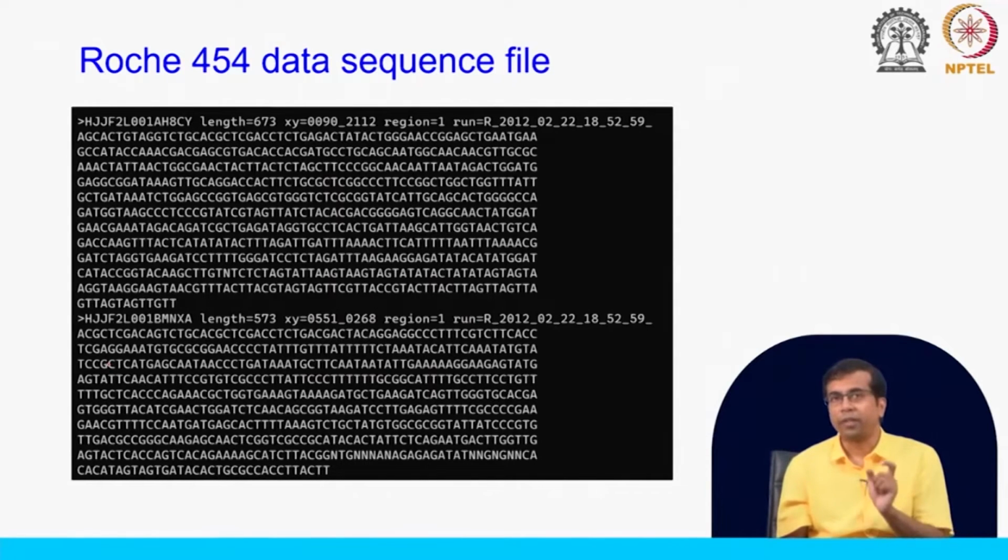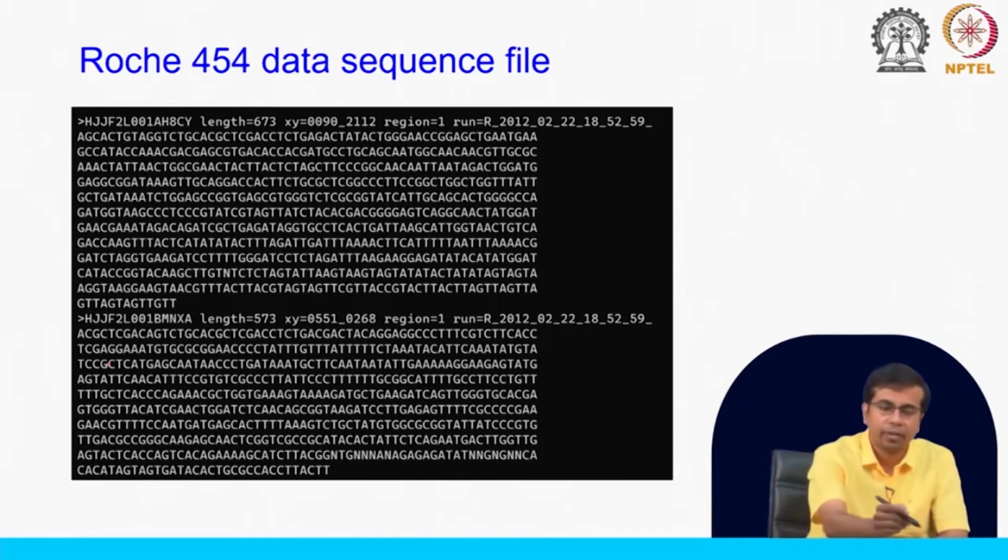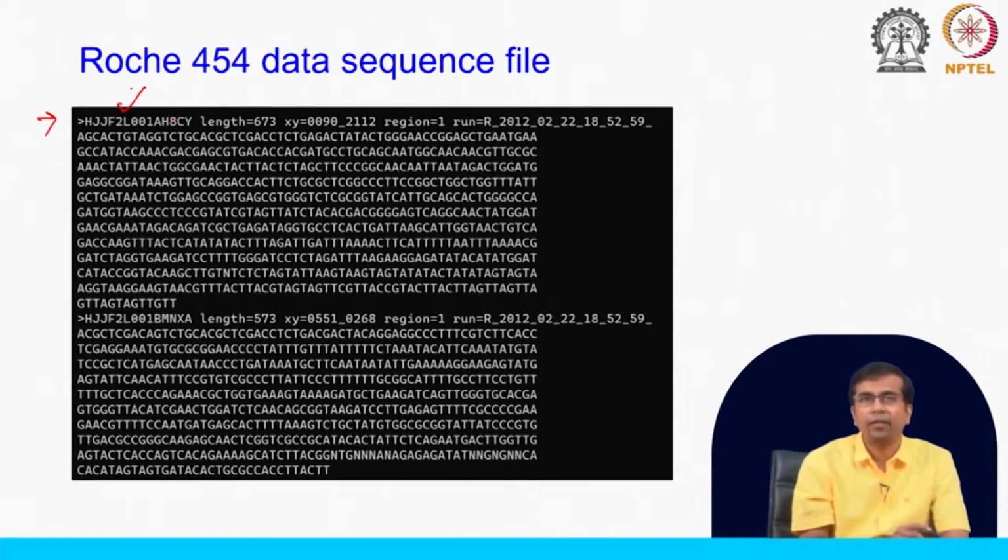Now the sequence file is actually stored in FASTA format, which means we have learned how the FASTA format would look. Here is the header, for example, for the first sequence. You have the sequence identifier, and then some extra fields, which are optional fields given in the 454 run.